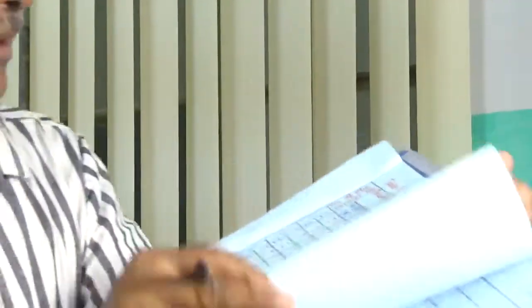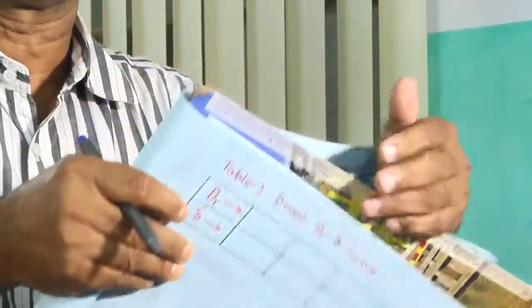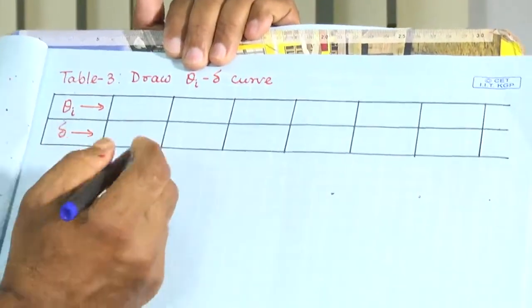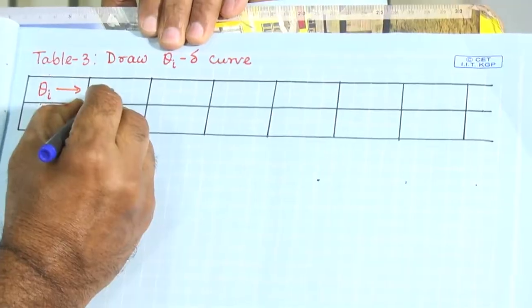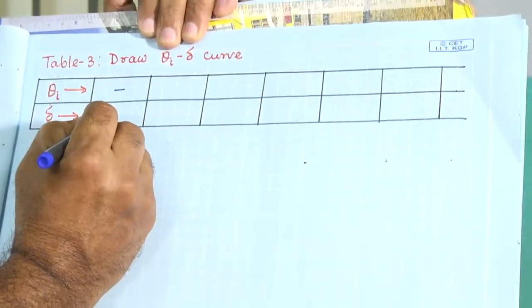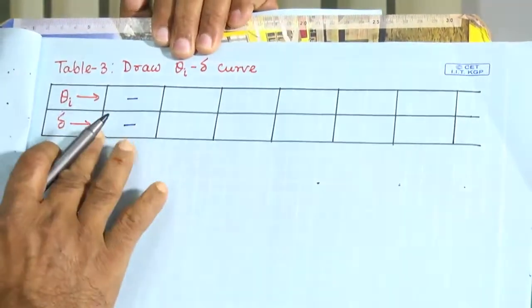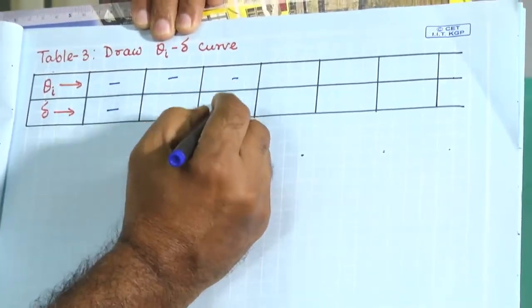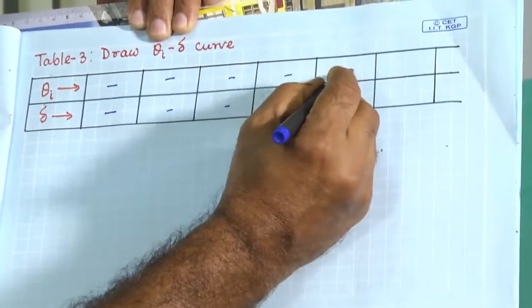Now here is the next table for drawing the graph. From table 2, you know the incident angle and the corresponding deviation. It is not the minimum deviation. So, you just note them down here, okay.